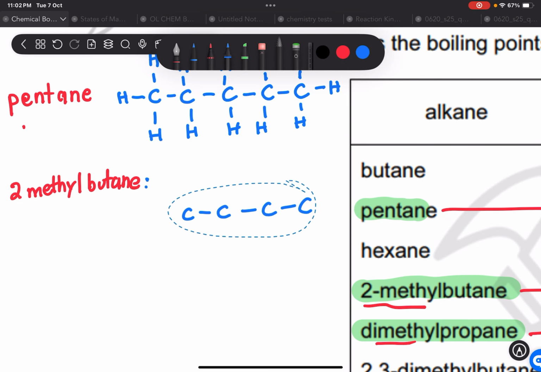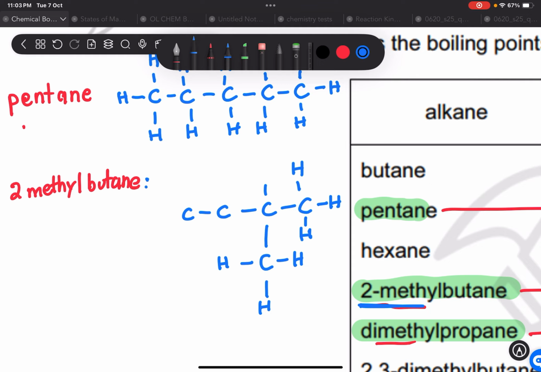Now let's draw 2-methyl. 2-methyl means on carbon number 2, let's start the counting from this carbon. This is the first carbon, this is the second carbon. So on carbon number 2, we have to attach a methyl group. So it's going to be like this. This is a methyl group, CH3. So this is 2-methyl butane.